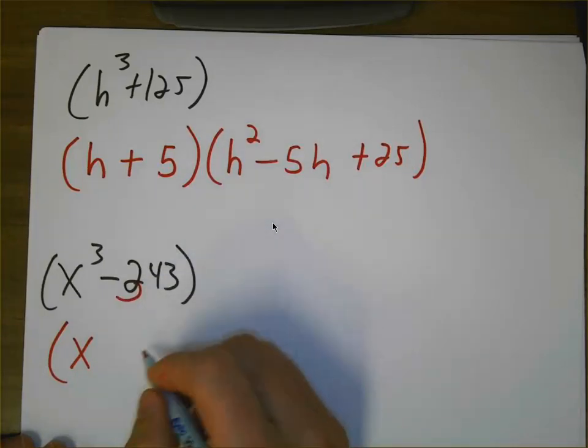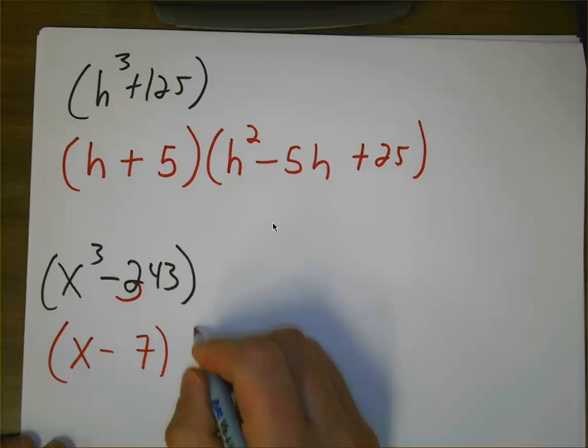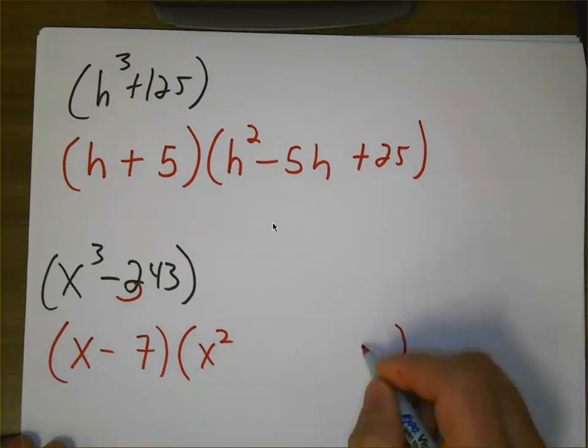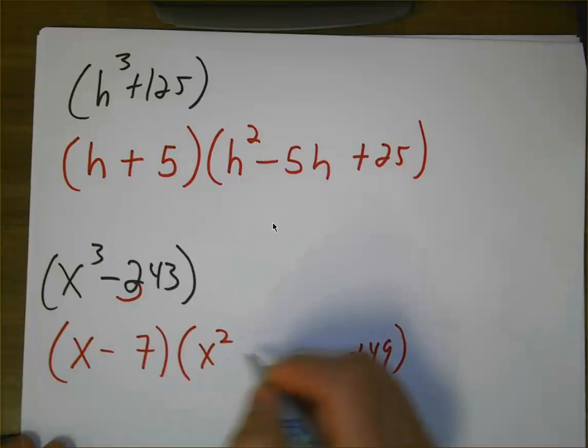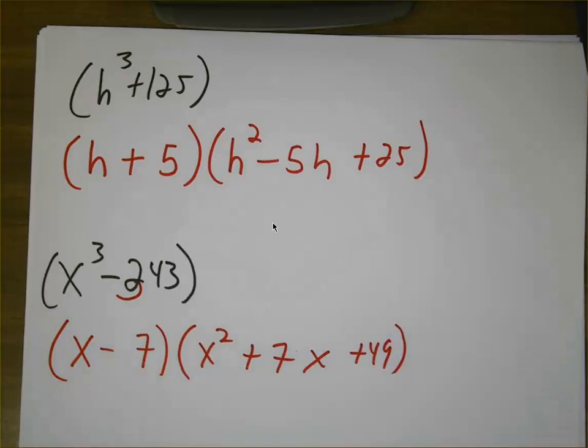What's the cube root of that? I think that's 7. And we're going to do a minus here. And then you do the same thing. You square the first term. You square the last term. You multiply the two, which is 7x. And then you keep the sign positive. And there's that. So again, that's just something that you normally have seen a boatload of times, okay?